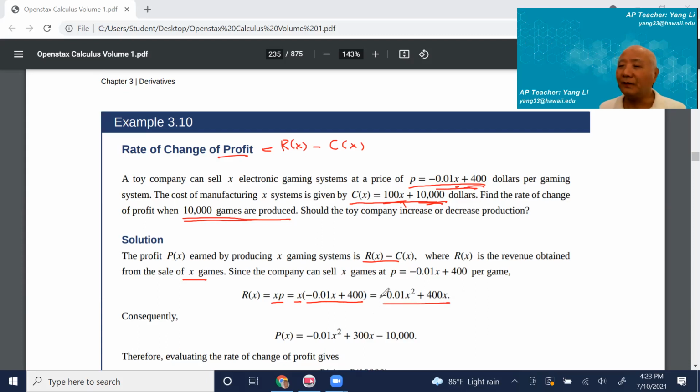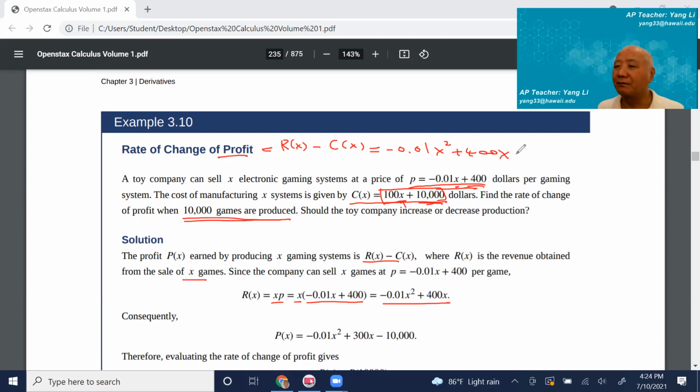Now, we know the cost function is this, right? So how can we find the profit function? We go like this one here. We're going to use the revenue, which is negative 0.01x squared plus 400x, right?